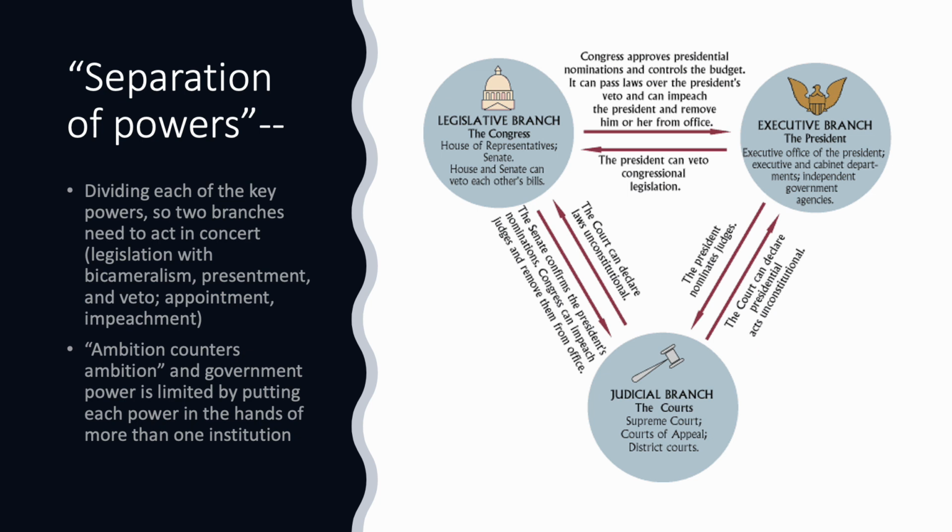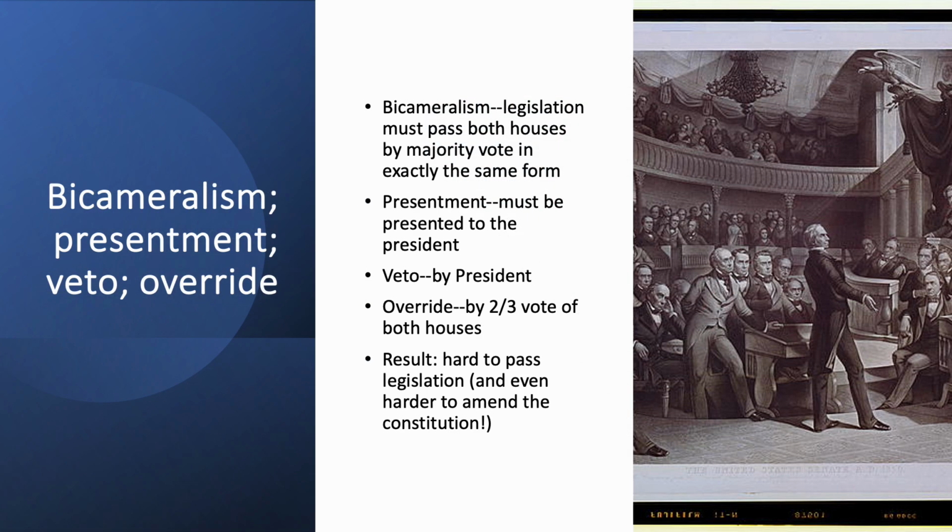And then you have the courts that can declare laws unconstitutional. You get the idea. The executive branch tries to staff itself by the president making appointments. They have to be confirmed by the Senate. The president makes a treaty, it has to be ratified by the Senate. You get the idea? So all these things are checks and balances where no branch can become too powerful.